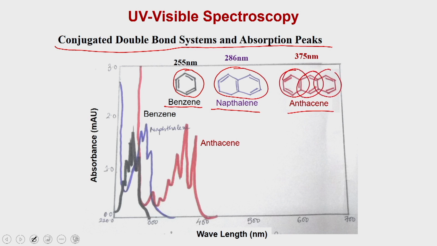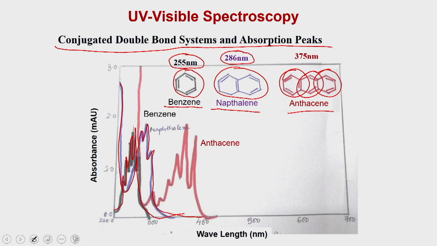So, you have three conjugated rings, and the black colored spectrum corresponds to benzene, which absorbs in the UV range and gives a lambda max at 255 nanometer, whereas naphthalene, which contains the two conjugated double bond systems, absorbs differently from benzene. This blue colored spectrum corresponds to naphthalene, and it gives a lambda max at 286 nanometer.